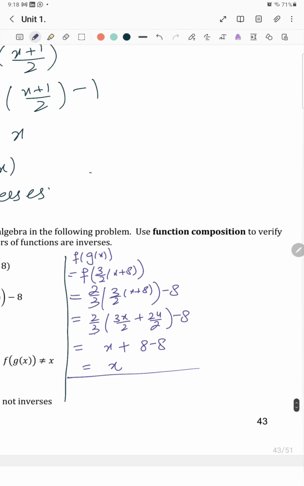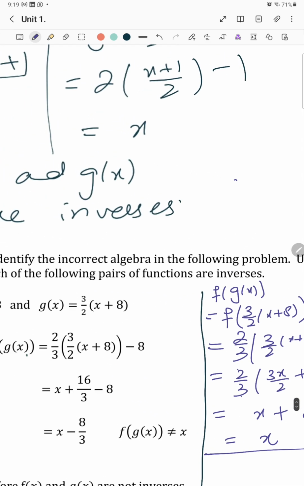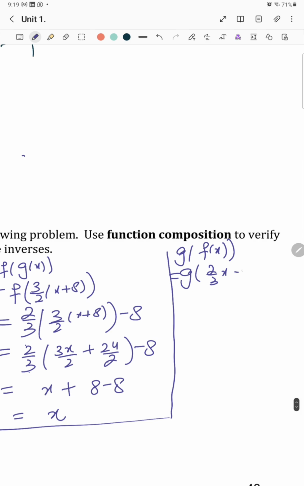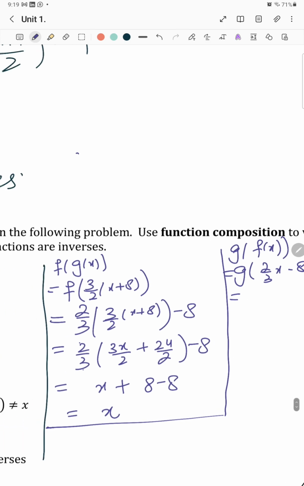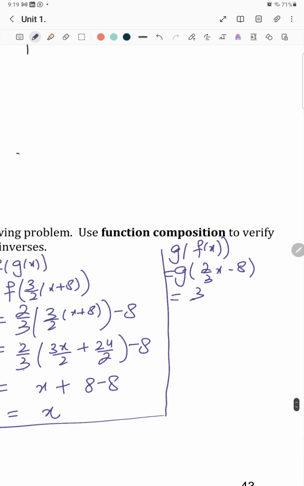Now we need to calculate g f of x. What is f of x? 2 by 3 x minus 8. So now this is x, 2x, g x. 3 by 2 x plus 8.